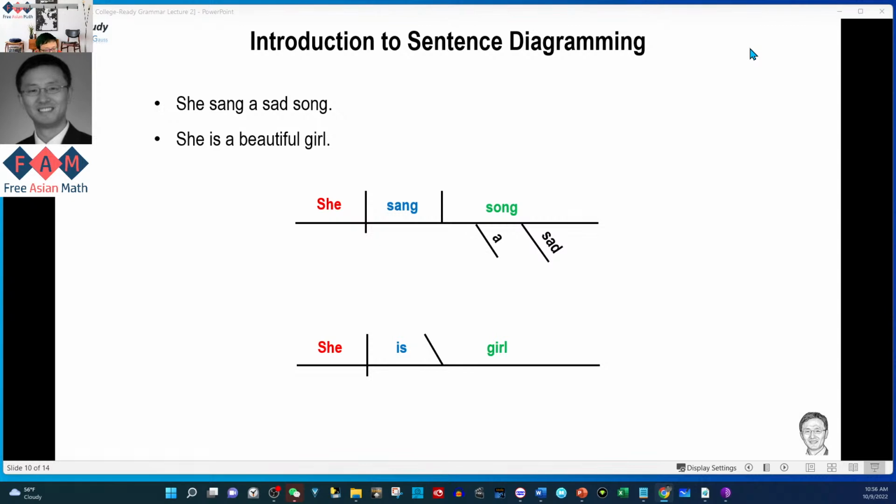Girl is a noun. In this case, girl is used to further describe what kind of person she is, which is the subject here, right? So girl is essentially describing the subject. Without this 'girl', this sentence would be incomplete because we would just say 'she is'.